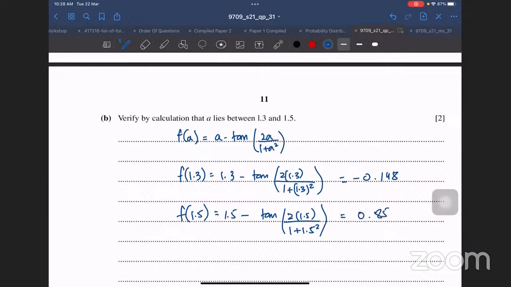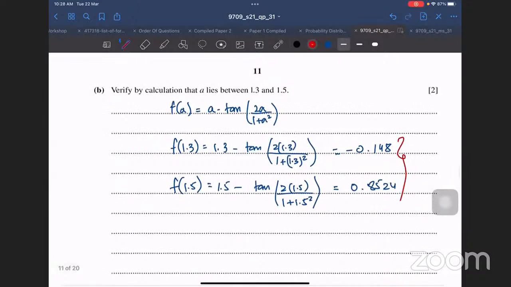I get these two values. When there's a change of sign, that indicates a root.